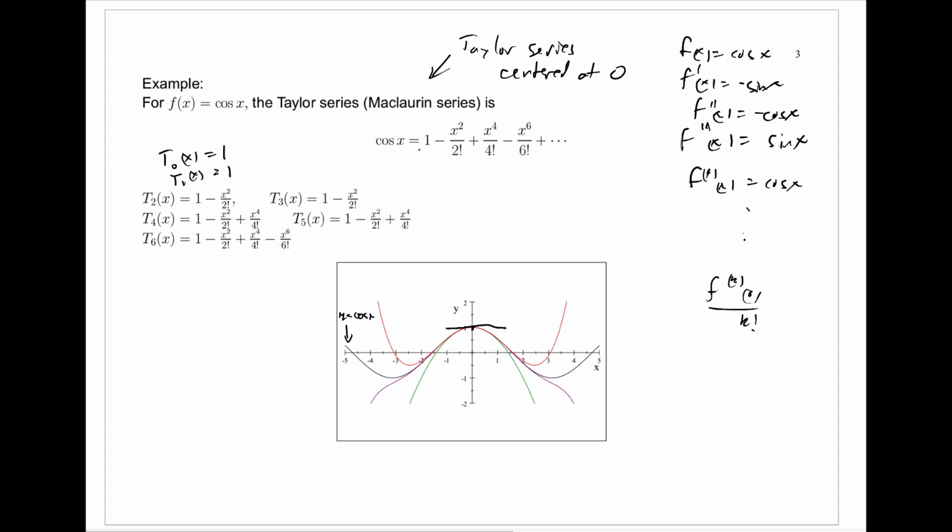If we take the Taylor series up until the first degree term, well, the first degree term is 0, so we just have the same thing, 1. So this 0th order approximation is the same as the first order approximation. The second order approximation, the second degree Taylor polynomial, t2 of x is 1 minus x squared over 2. That's the green curve here.